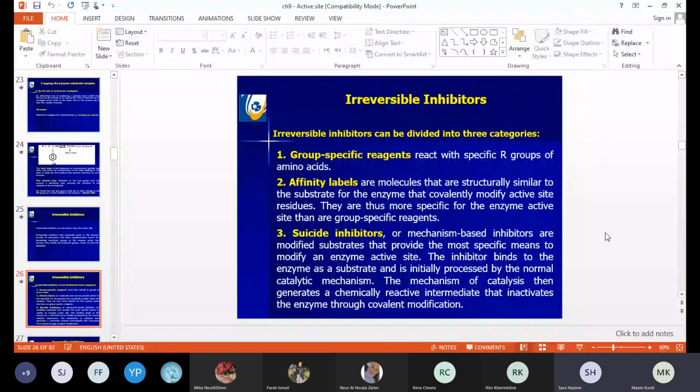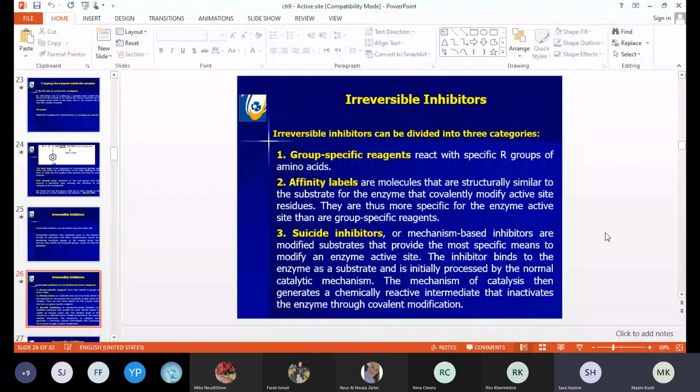The initial steps of the mechanism go as normal, as for a substrate. However, the catalytic mechanism will produce an intermediate that is inactive.